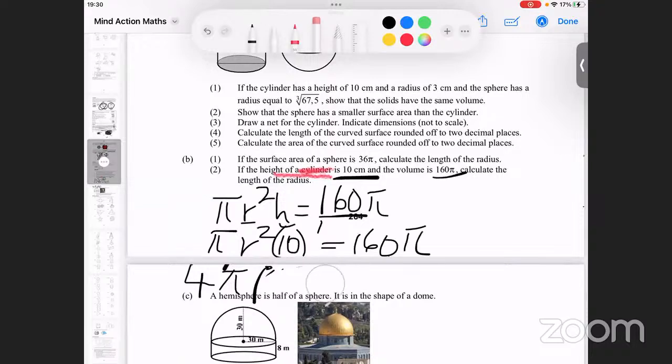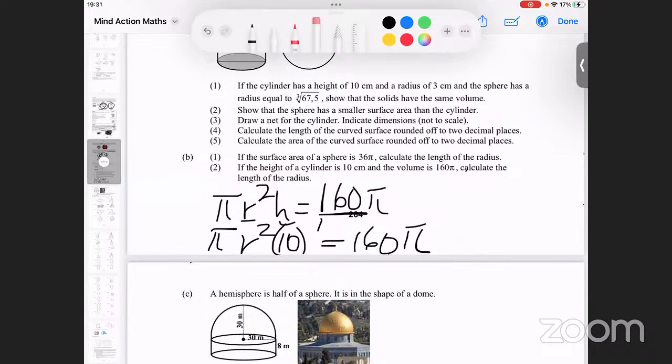And when you carry on with it, what do we do? We divide by pi.